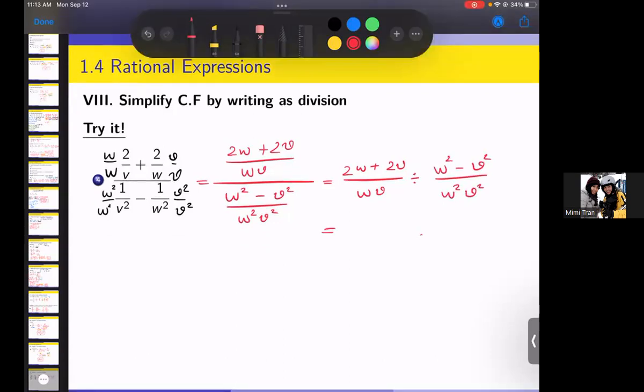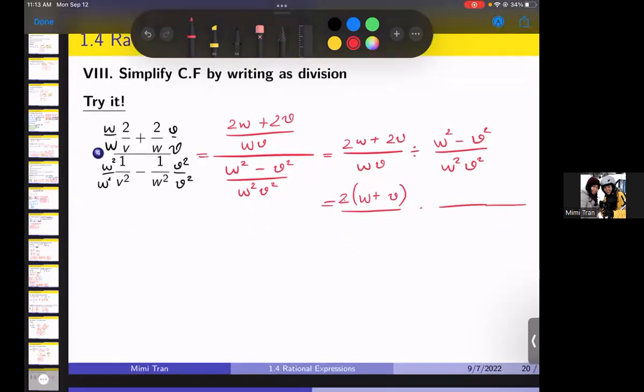I'm going to flip it and then factor at the same time. For the first one, I can factor out the 2, so 2 times W plus V. The denominator stays the same. For the second one, I can factor it like W minus V, W plus V.